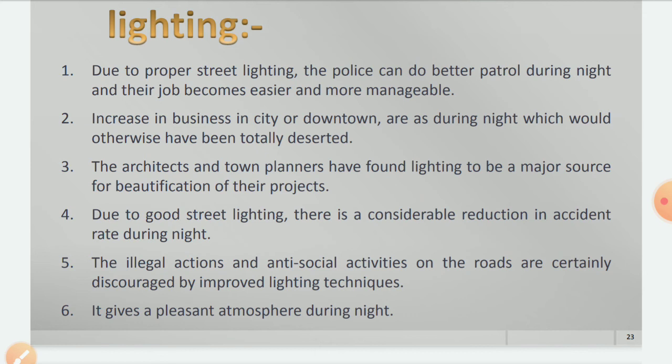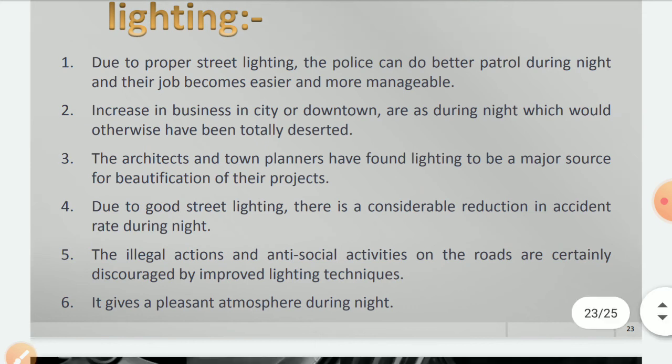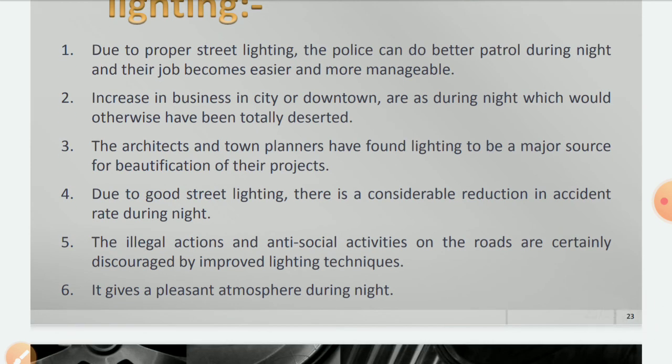Architects and town planners have found lighting to be a major source for the beautification of their objects. Due to good street lighting, there is also a considerable reduction in accidents during the night. That's definitely one very good benefit of street lighting.